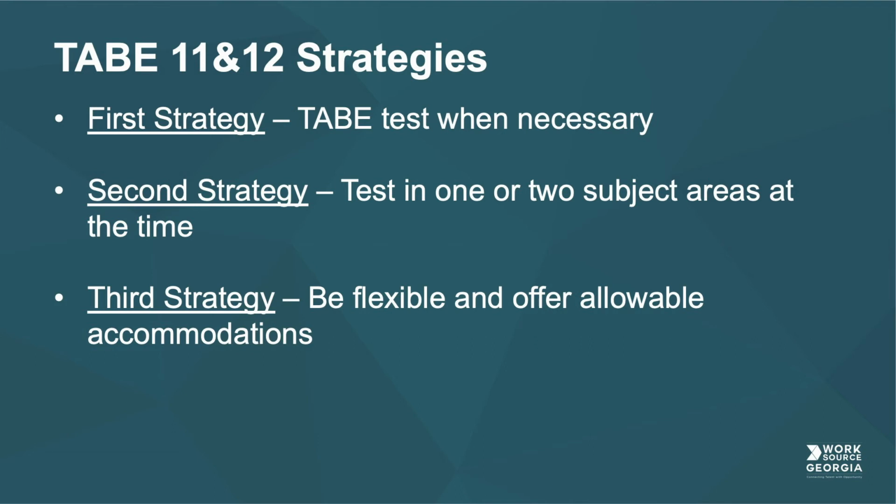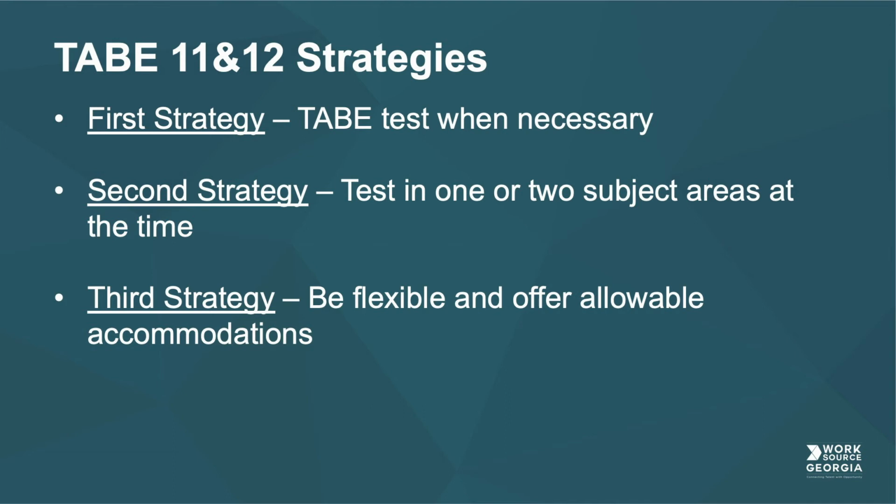So the first strategy with TABE 11 and 12 is to have a clear understanding of why the participant is requesting WIOA Title I services. And this might sound silly, but really understanding the why is very important.